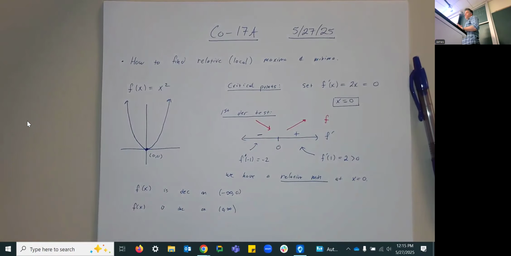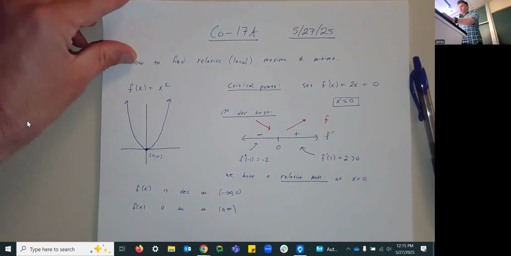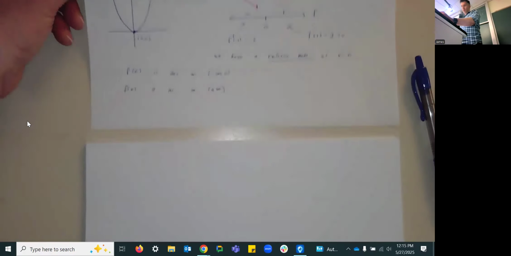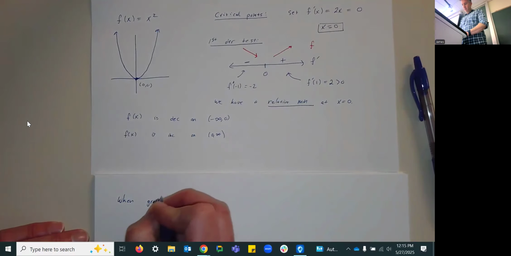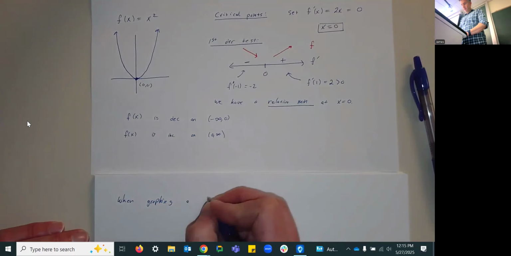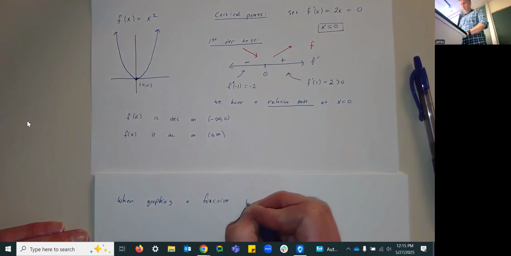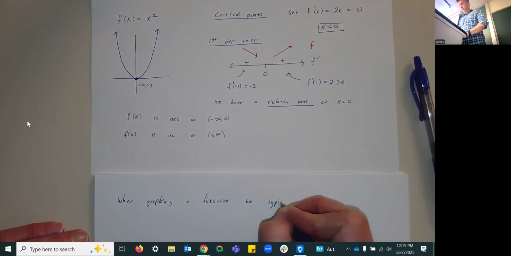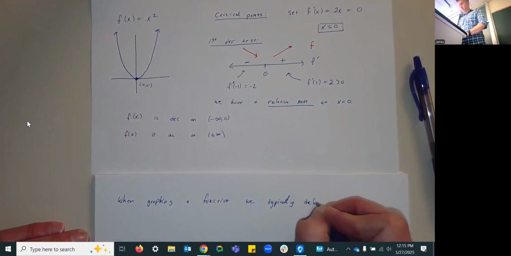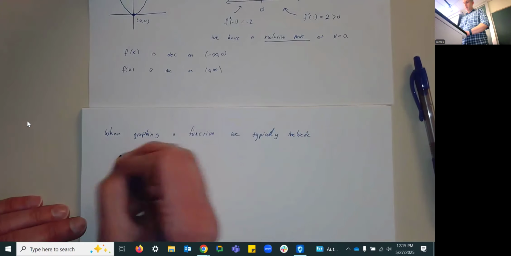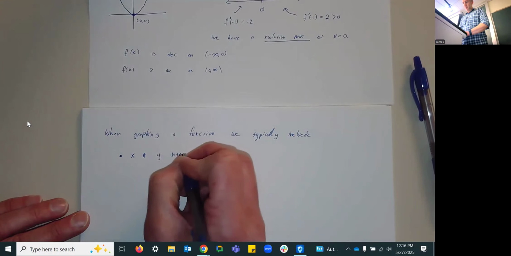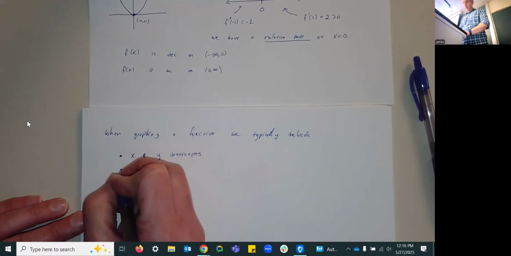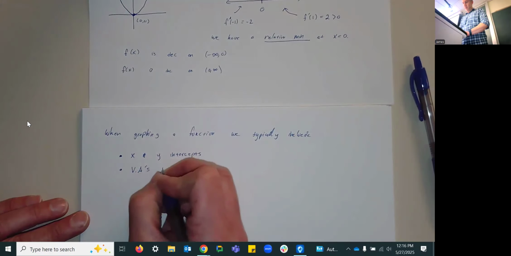So when I think about graphing a function, here are the things we usually want to find. When graphing a function, we typically include x and y intercepts, vertical asymptotes, and horizontal asymptotes.